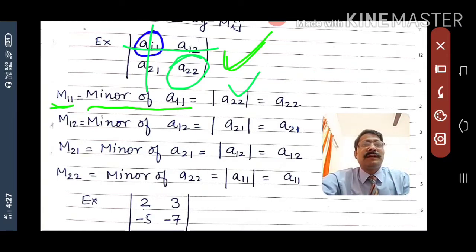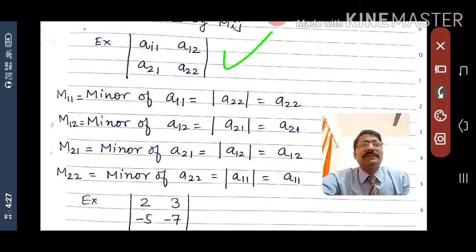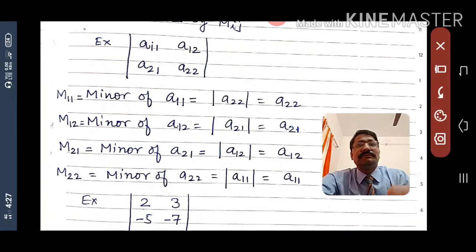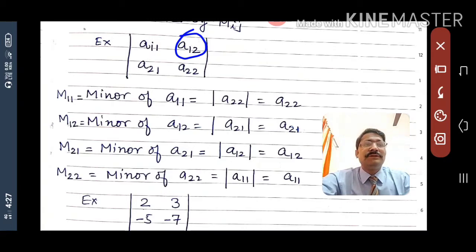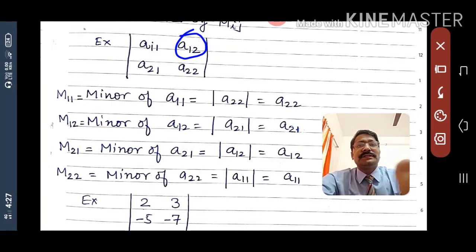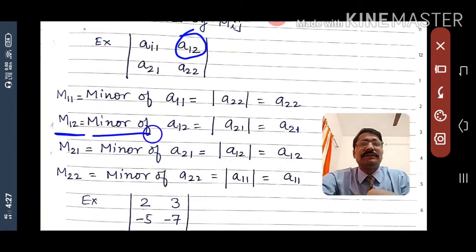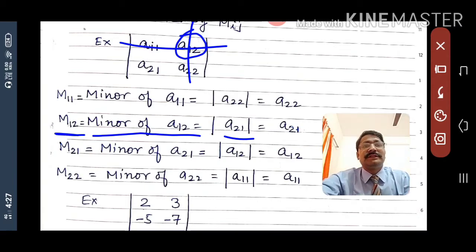Similarly, we will find it for the other elements, that is the minor of a12. How can we find the a12 minor? Look here, this is called M12. M12 means minor of a12, so the first row and second column will not be taken. So the element is a21, and the value of the determinant is a21.